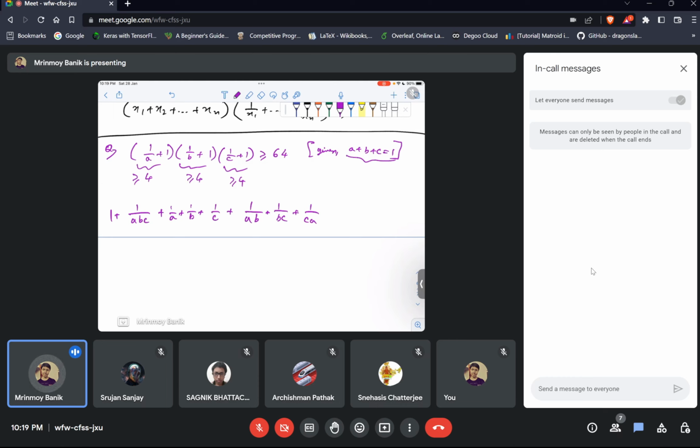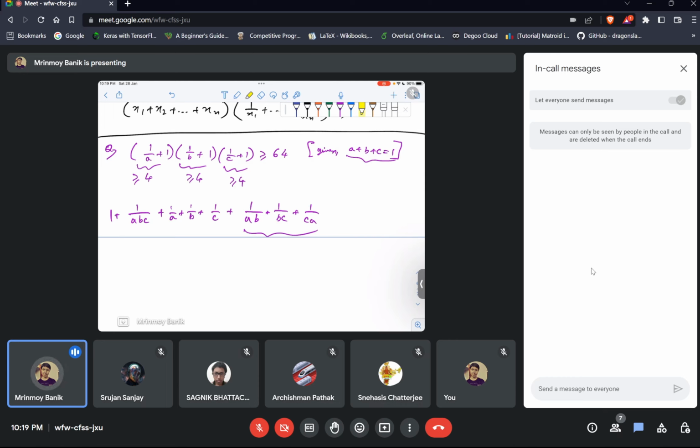We can use the AM-GM inequality on these three and get 3 by cube root of abc.